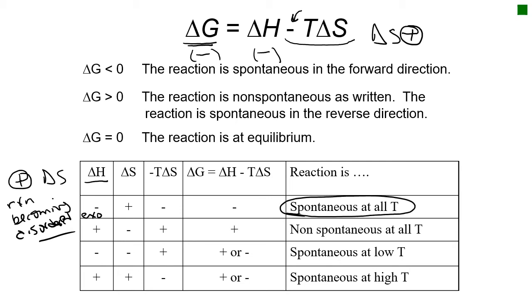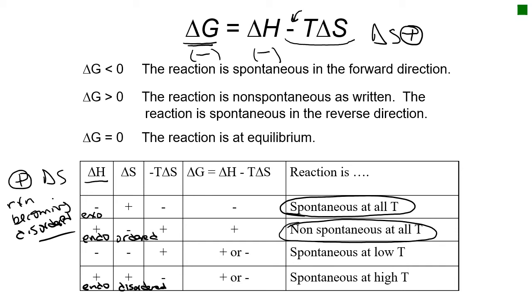Now, if we have a reverse, if the reaction is endo and our delta S is negative, which means it's becoming ordered, then nothing is in our favor, and this reaction will be non-spontaneous. And we have two other possibilities. If we have both delta H and delta S positive, which means it's endo, and it's becoming disordered. Disordered is good.